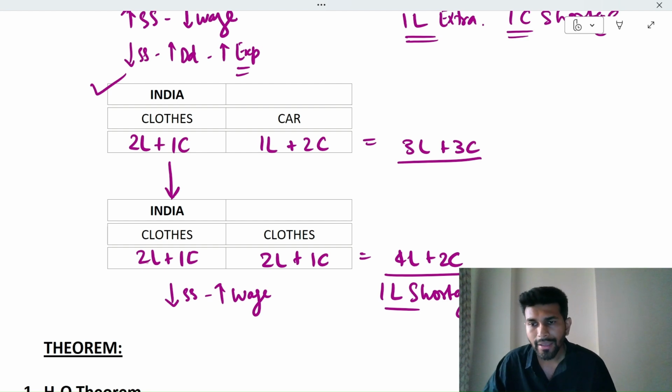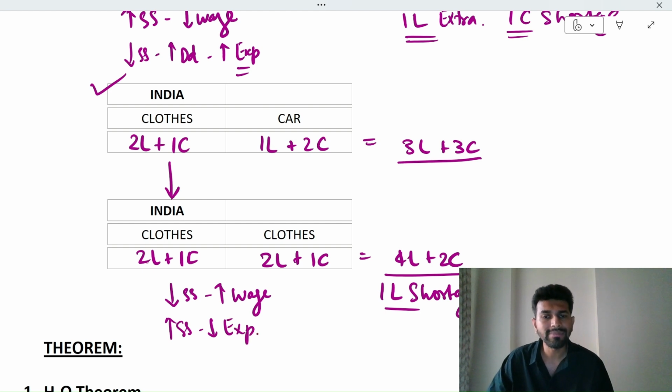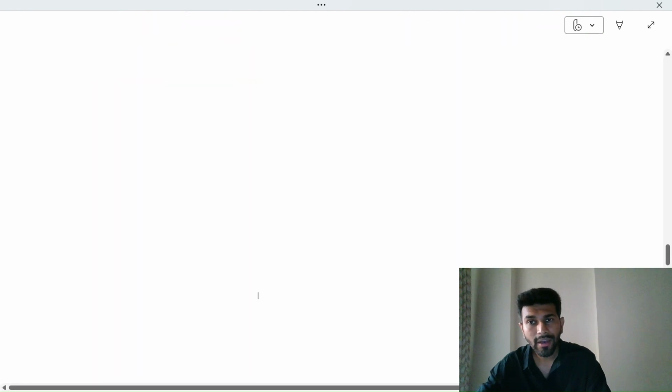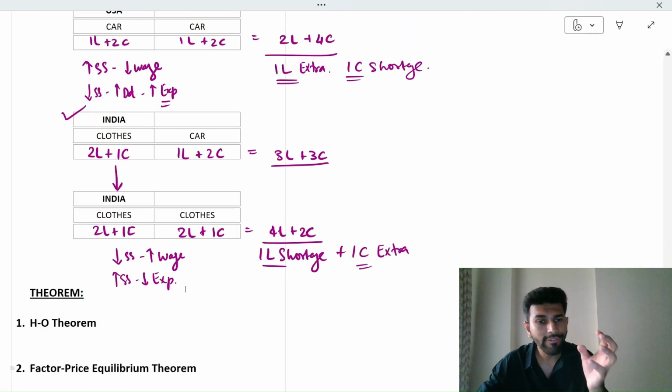And similarly, if there is 1 capital extra with us, it means there is more supply, then it will become less expensive, or we can say the price of capital will fall. So now let's check how we can gain factor price equilibrium.